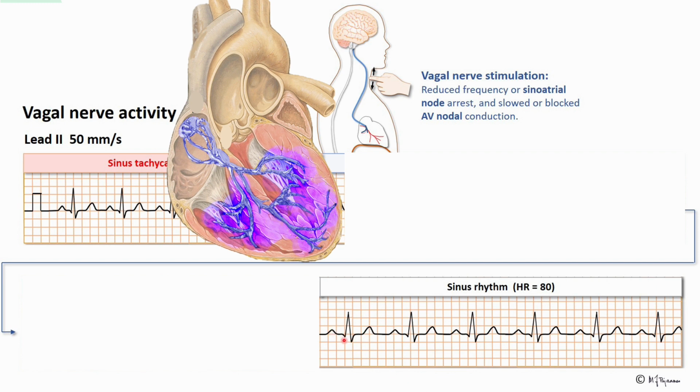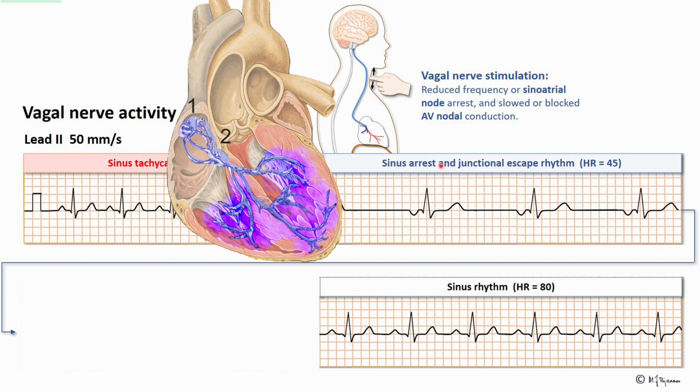So this is a normal sinus rhythm with no block. When you do excessive vagal nerve stimulation, it can block the SA node. So this is called sinus arrest. It means that because the SA node is blocked, which is the normal rhythm at 80, another node takes over.